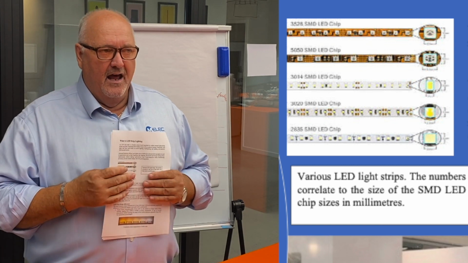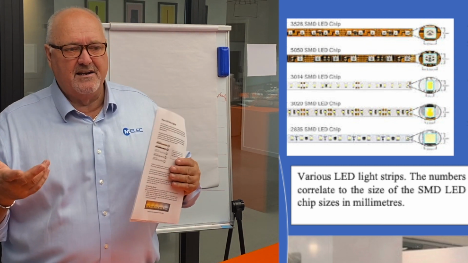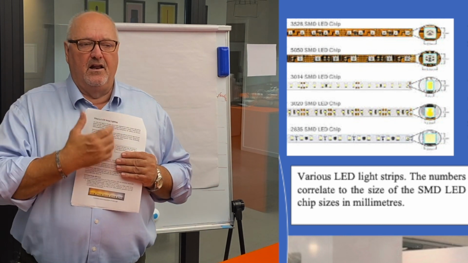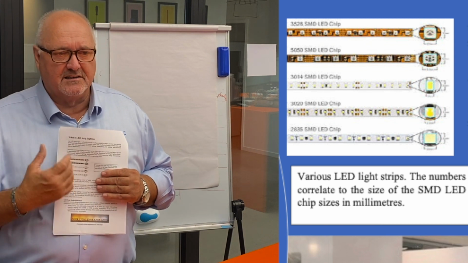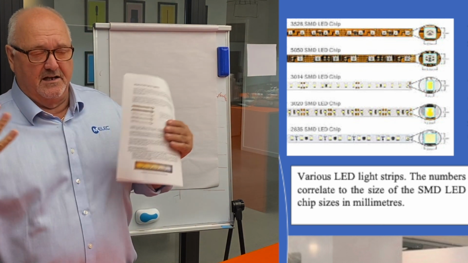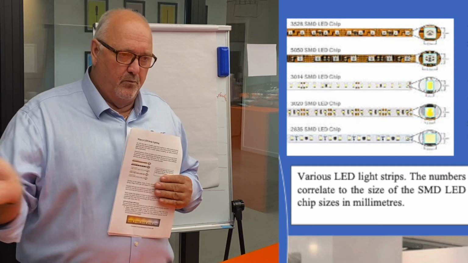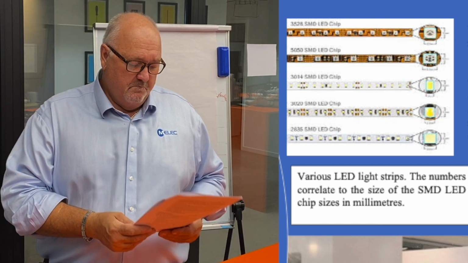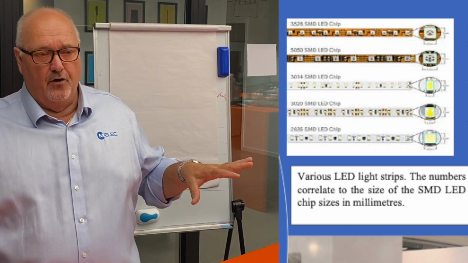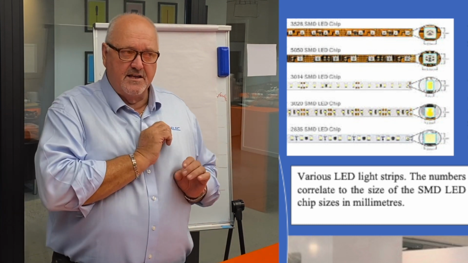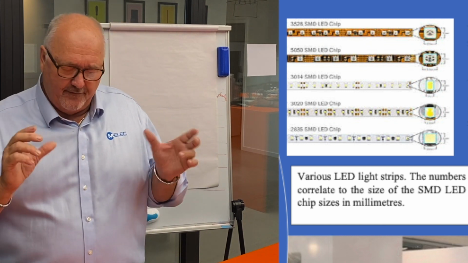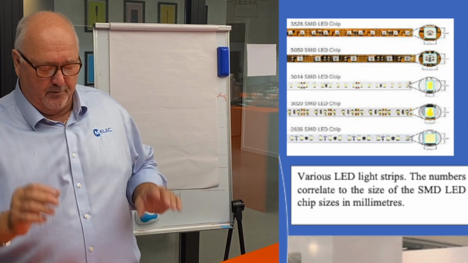It still has a rating of around IP20, but its longevity would be affected because it doesn't have the epoxy coating. It's basically LED chips on a strip with a bit of lacquer across the top of them. And that's the difference. You can see the whole printed circuit board below that one, whereas on the white one, you have to turn it a little bit to see because it's got the epoxy coating.